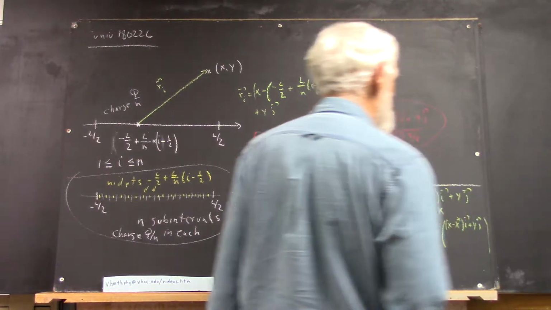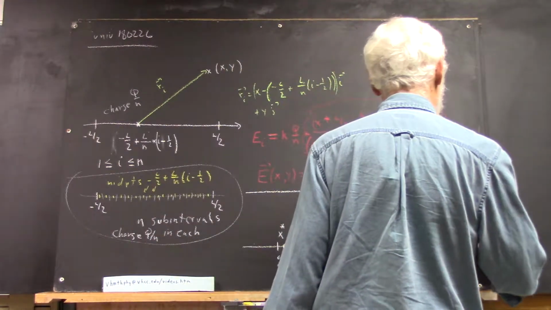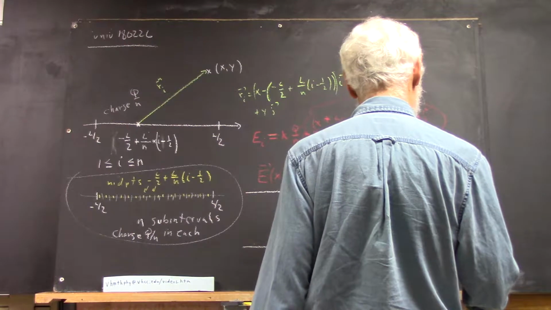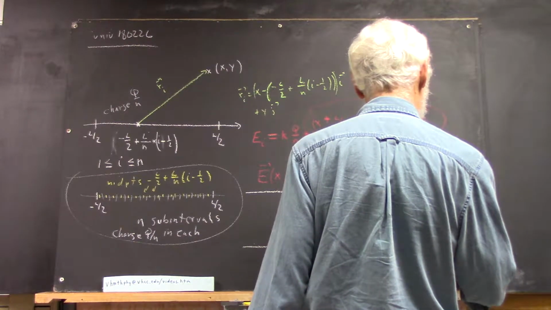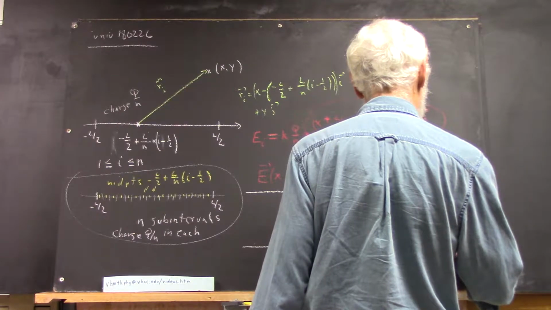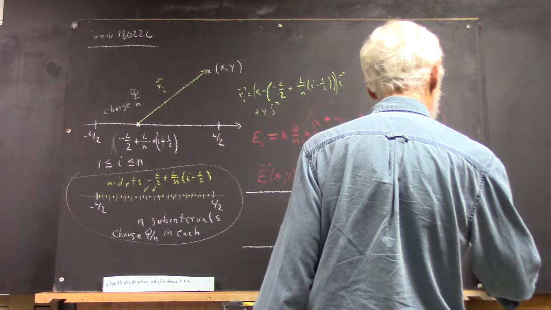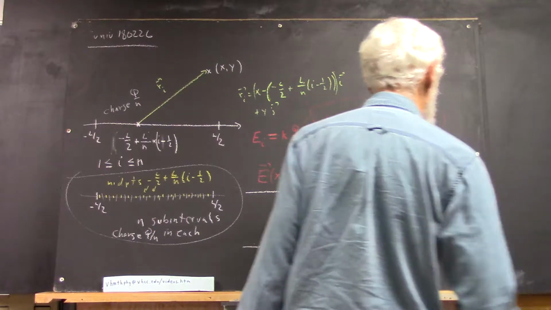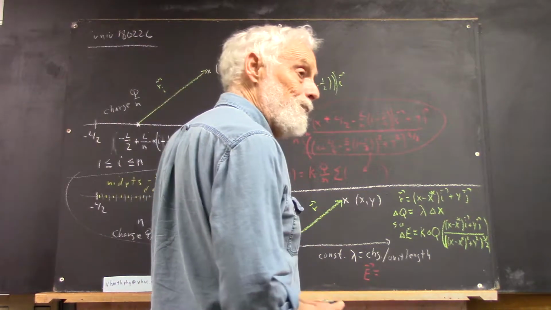Well, we got a numerator, right? In our denominator, it's going to be x minus x star squared plus y squared, all to the 3/2. So I did have room to write it with reasonable legibility.